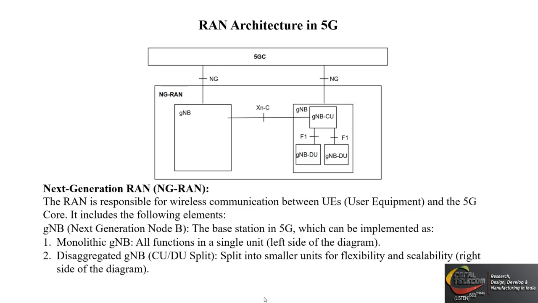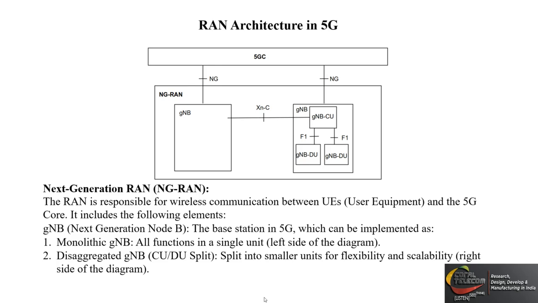And the disaggregated architecture of gNodeB we have also discussed, where we have split the main baseband unit into two parts, the central unit and the distributed unit. The benefit of splitting into these two parts is flexibility and scalability.